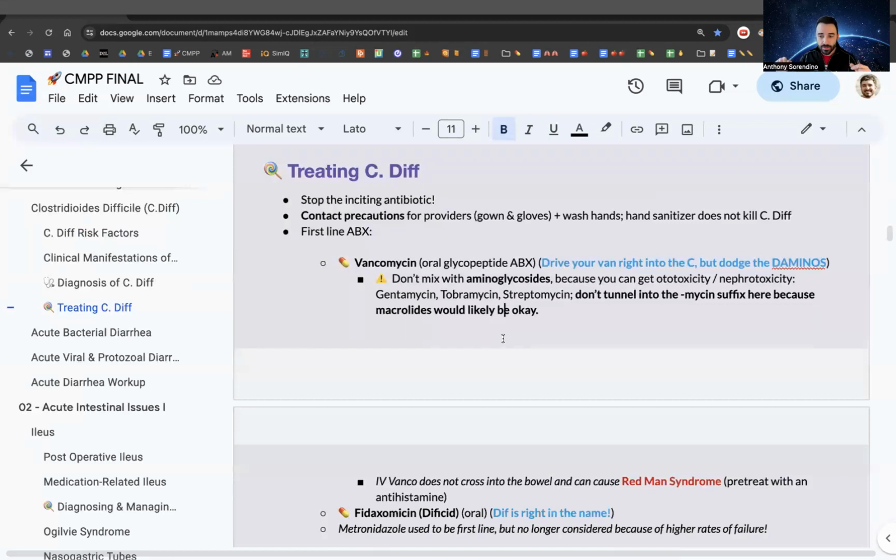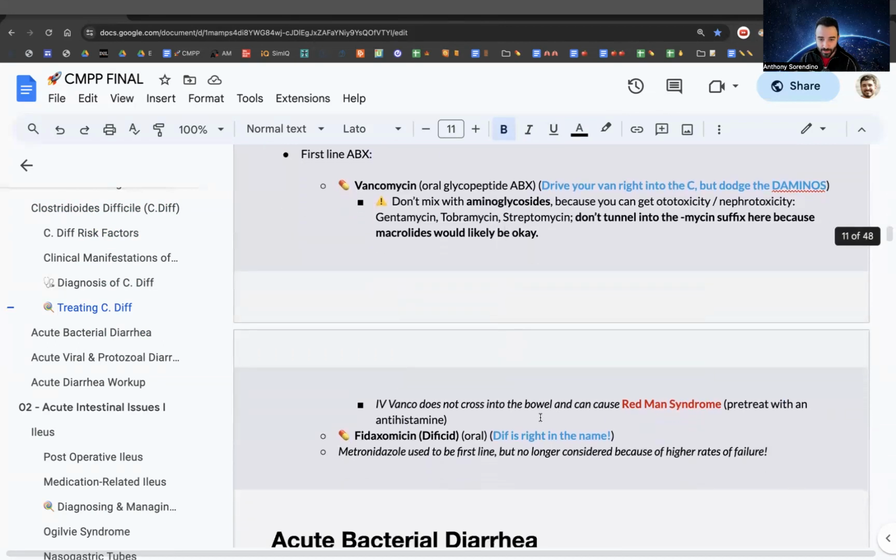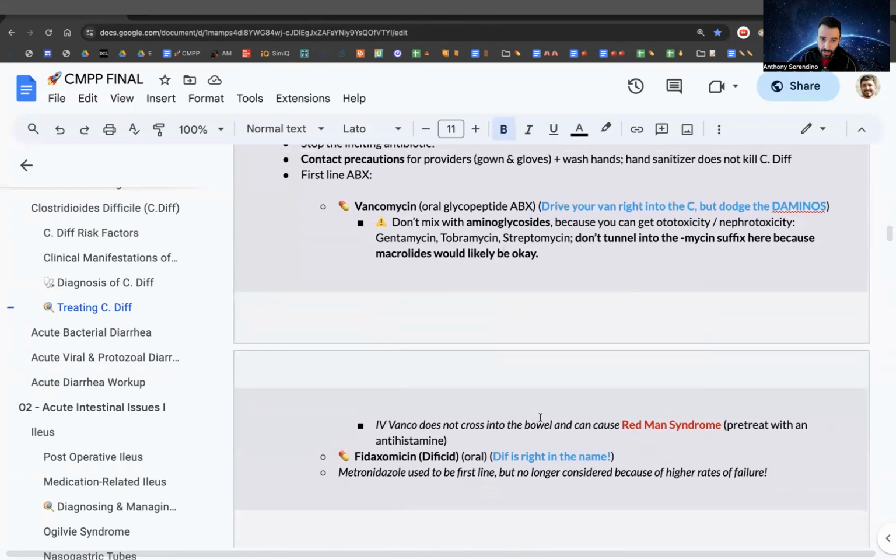Do not tunnel into the mycin suffix here. These are not macrolides, okay? I can see them putting a list of all macrolides, but gentamicin, tobramycin, and streptomycin, we haven't really heard about those very often. So they should stick out to you. Those are going to be the ones we don't want to mix with vancomycin because they can cause ototoxicity and nephrotoxicity.